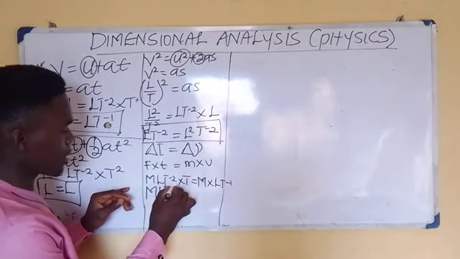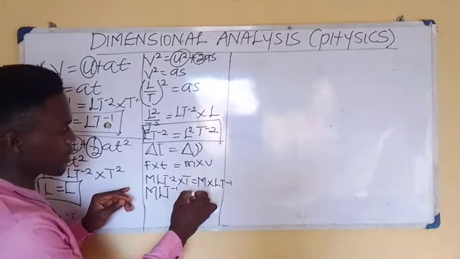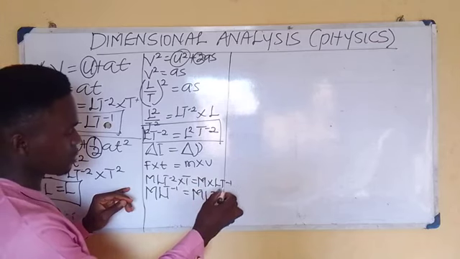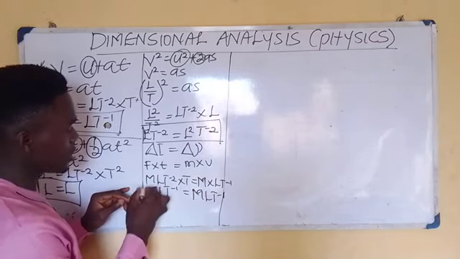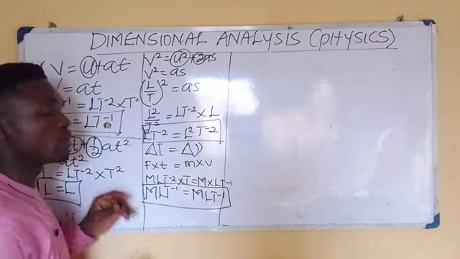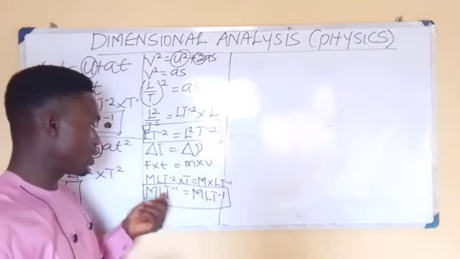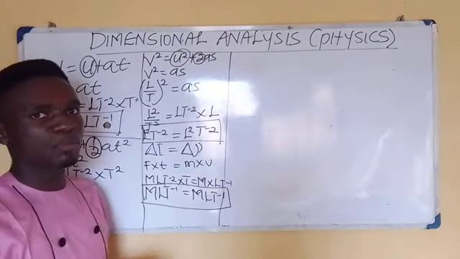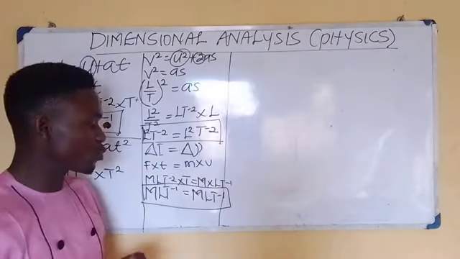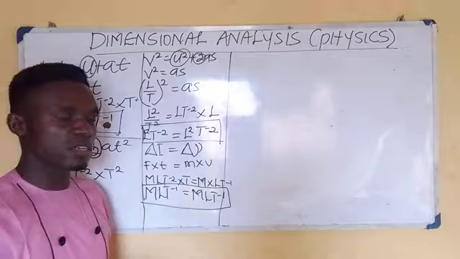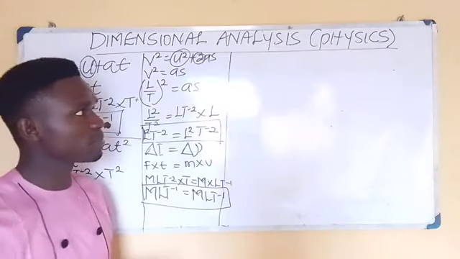So MLT minus 1. If I combine this, I'll have MLT minus 1. So change in impulse equals change in momentum. That is the second law of motion. So it means that this equation is dimensionally correct, because what we have on the left is the same as what we have on the right.